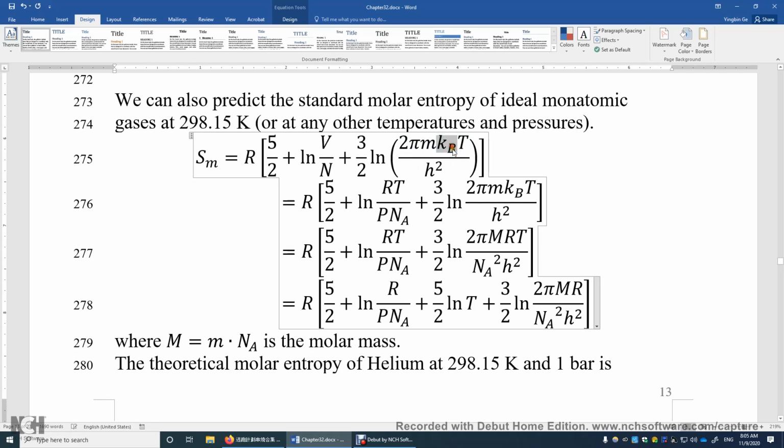And this k sub B, the Boltzmann constant, is really small, so I'm going to multiply k sub B by the Avogadro constant as well, to convert this k sub B to R. And that's why you have the molar mass on top, the ideal gas constant on top, and I need to include this Avogadro constant to the power of 2 on the bottom. So again, this part is the mass of a particle times the Avogadro constant. The gas constant is k sub B, the Boltzmann constant, multiplied by the Avogadro constant.